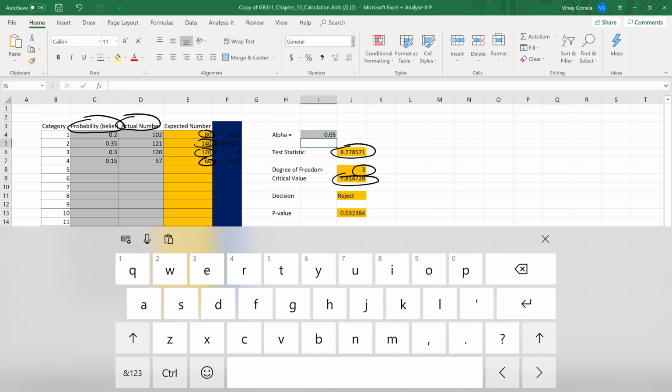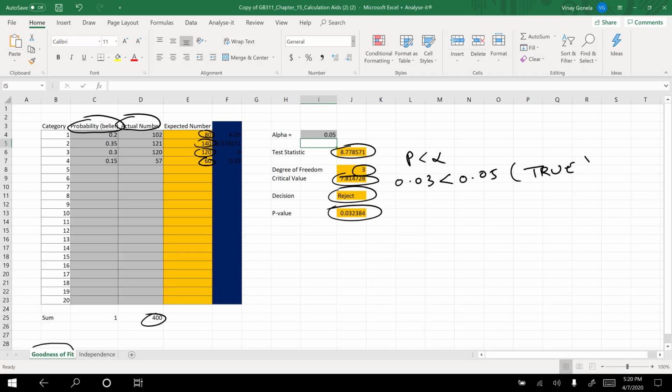The degree of freedom is 3. We are saying reject, and we have got the p value. Again, we are looking at whether the p value is less than alpha. The p value is 0.03. Is it less than 0.05? This is a true statement, so we will reject H null.